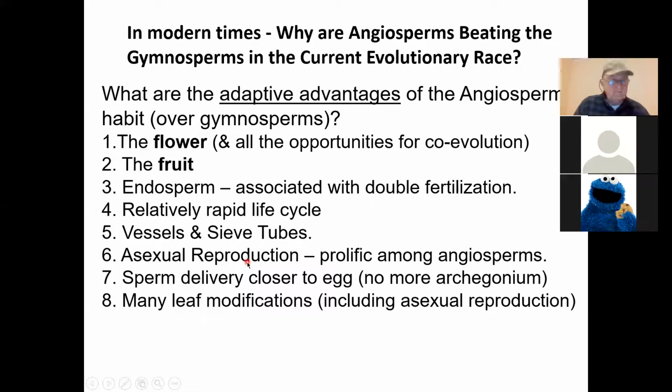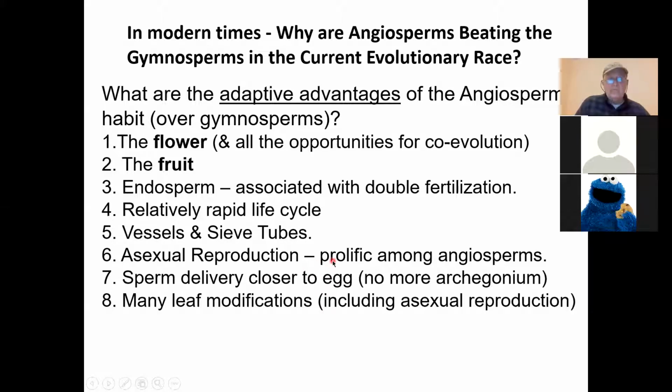Asexual reproduction: the only thing I can think of in the gymnosperms right now in terms of asexual reproduction is the sequoias. Most of the 600 to 700 gymnosperms, or even 1,000, don't do asexual reproduction, but the roots of sequoias do sprout. And so what I'm saying is, if you can do asexual and sexual reproduction, you are better off.